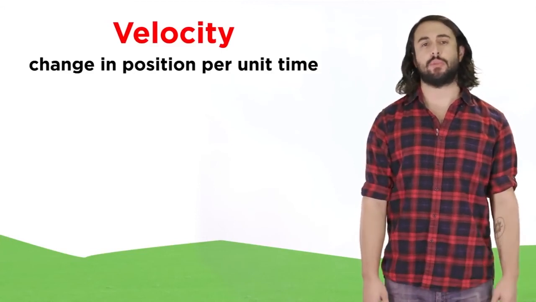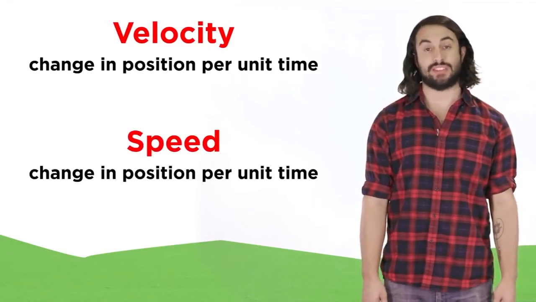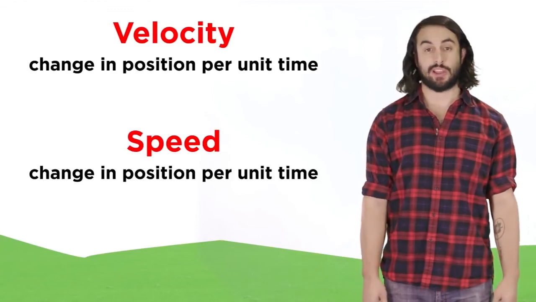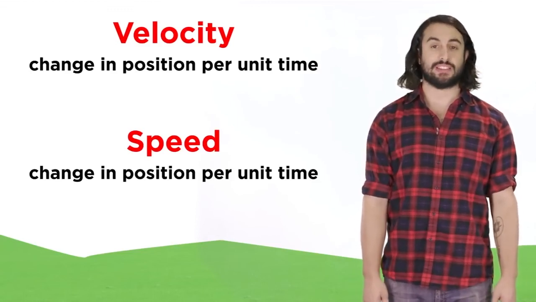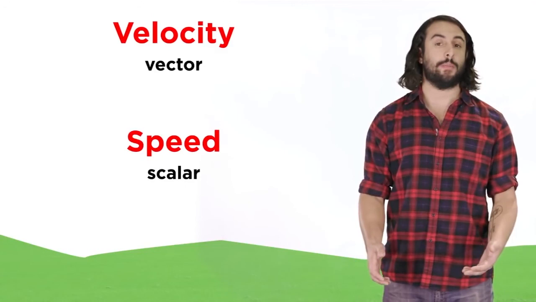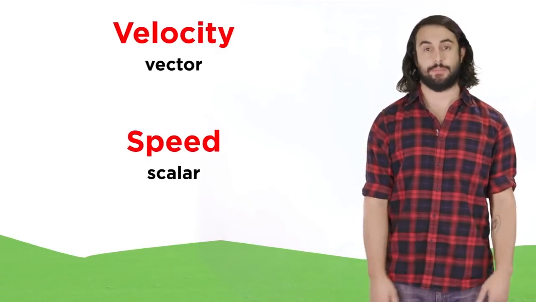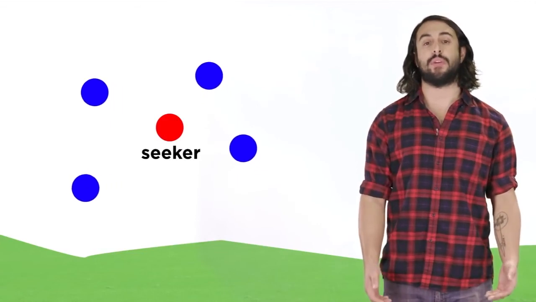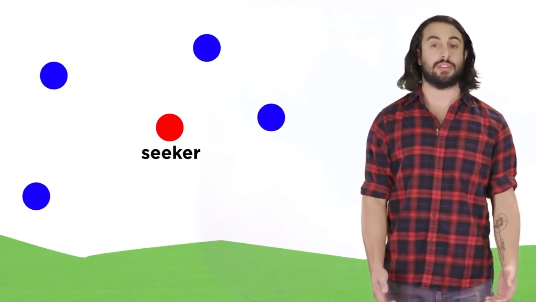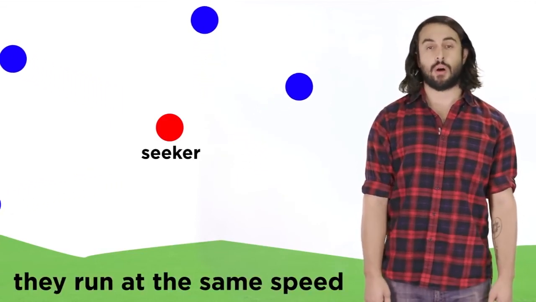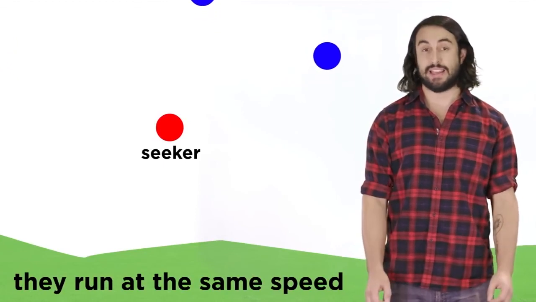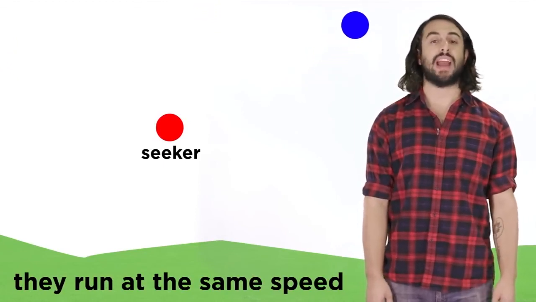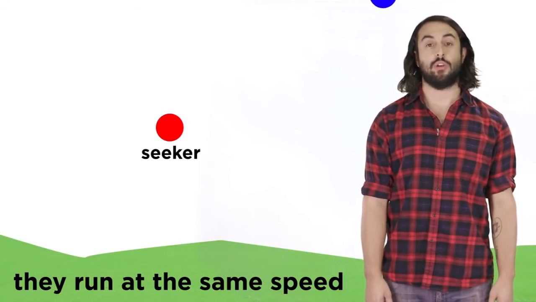Most people assume that the words speed and velocity are synonyms, and in everyday language they are. But the difference in physics is that speed is a scalar and velocity is a vector. If a group of kids are playing hide and seek and they all run away from the seeker in different directions, it is possible that they all run at the same speed because speed only has magnitude and no direction.